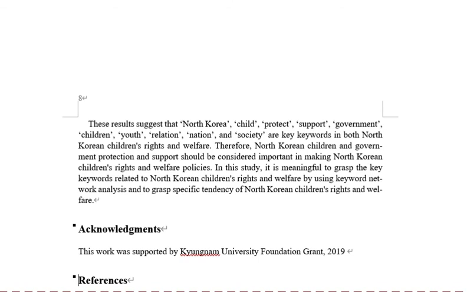This study is meaningful in grasping the keywords related to North Korean children's rights and welfare by using keyword network analysis and in grasping the specific tendency of North Korean children's rights and welfare.